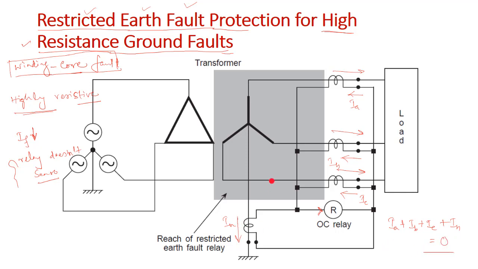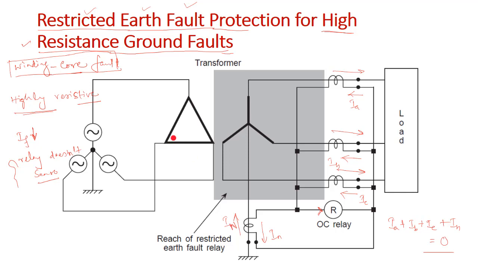If your currents are flowing away, then your neutral current will be in this direction, and hence your CT neutral current will be here, right? So your IA plus IB plus IC plus IN will be 0 under the normal load condition, whether the load is balanced or unbalanced, it doesn't matter, right?